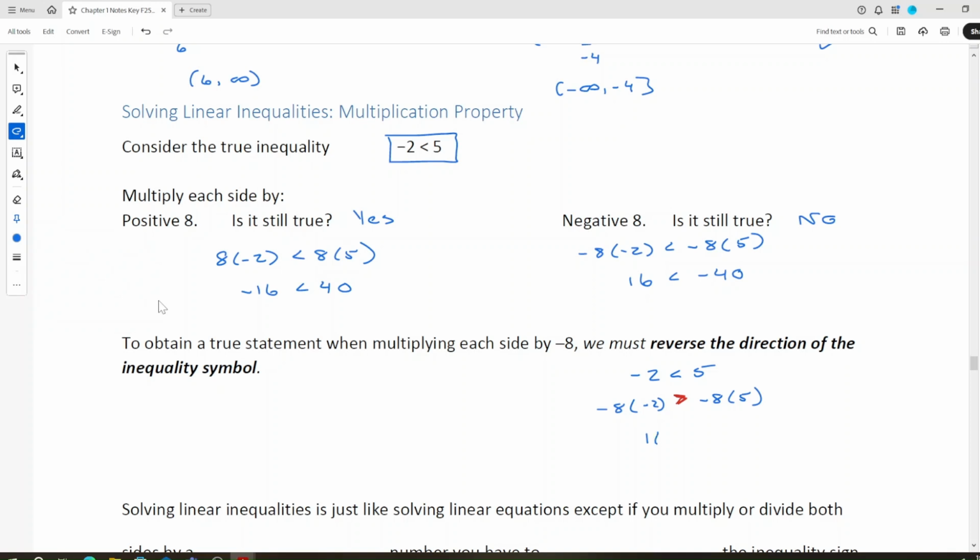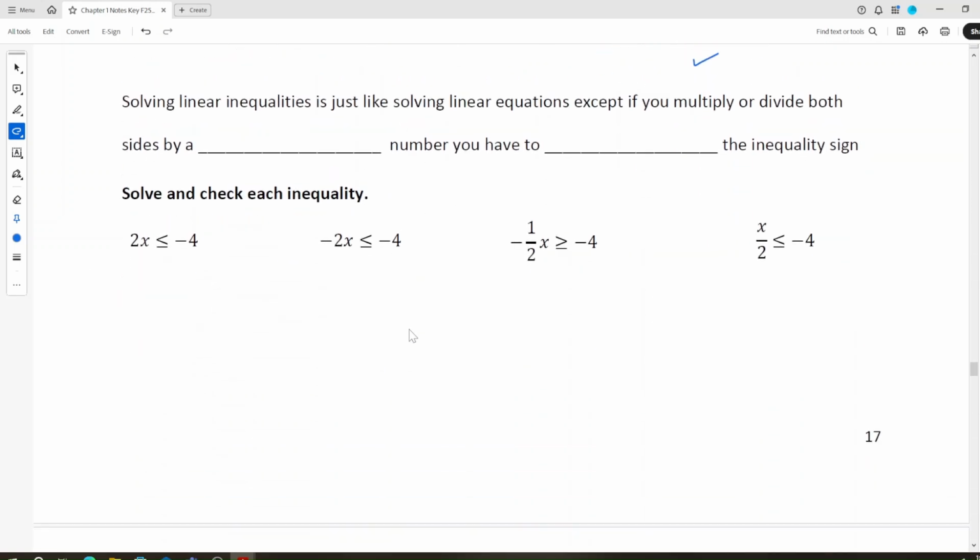So now I would have 16 is greater than negative 40, which is now true. So again, there's a rule. The only thing that's different than solving a linear equation is that if you multiply, which includes division as well, both sides by a negative number, you have to flip the inequality sign.